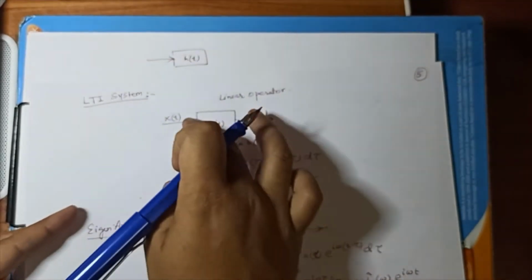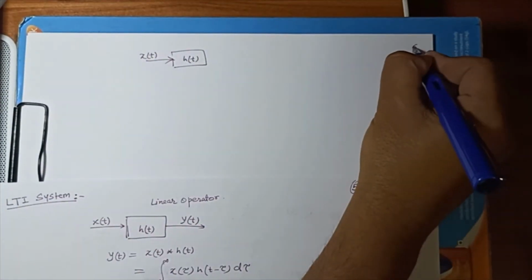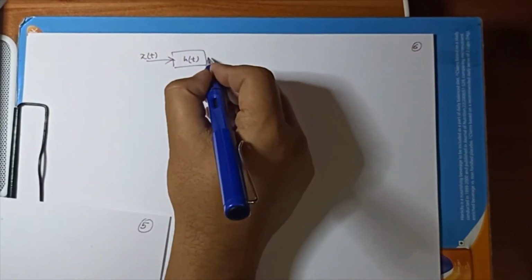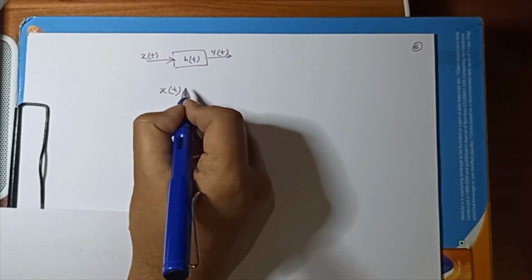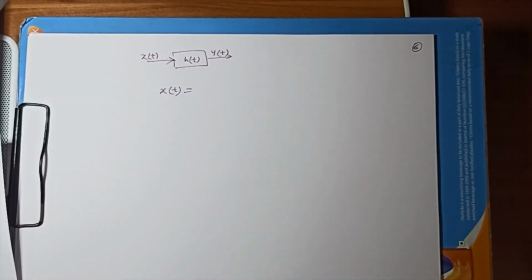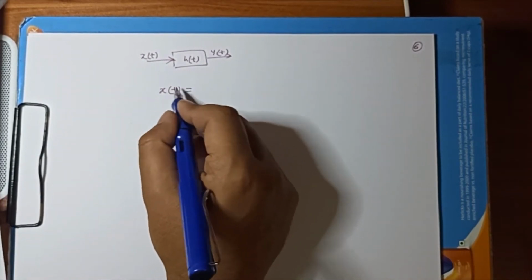Suppose this is the structure. When you are giving x, what will be the y(t)? If you can, you decompose x(t) using, say, the Fourier transform or Fourier series. It can be based on the restriction of this.